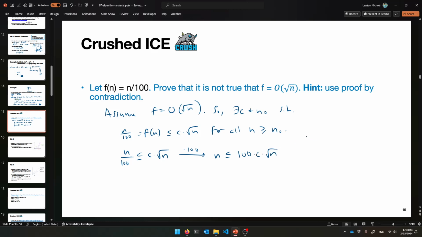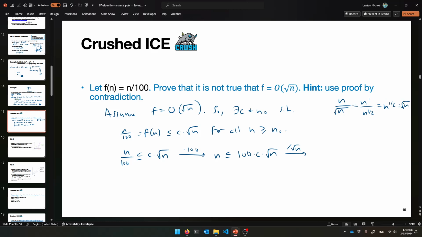Then let's divide both sides by the square root of n. n divided by the square root of n is n to the 1 over n to the 1/2, and you subtract exponents, so it's n to the 1/2, the square root of n.